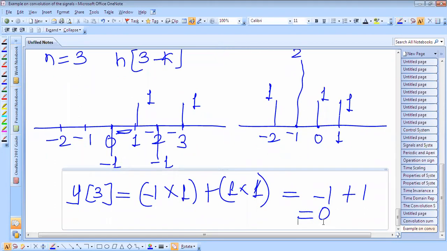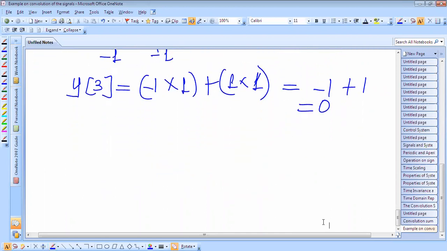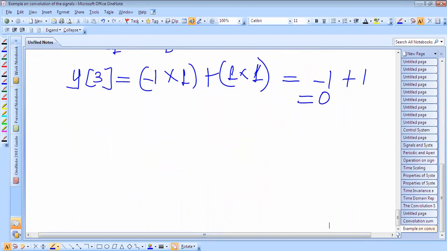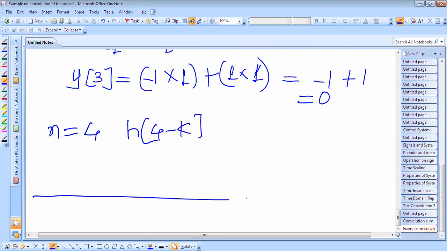Now the last, we will consider n is equal to 4. When n is equal to 4, the impulse response is h of n minus k, that is h of 4 minus k. So we have to shift the impulse response toward the right by 4 units.